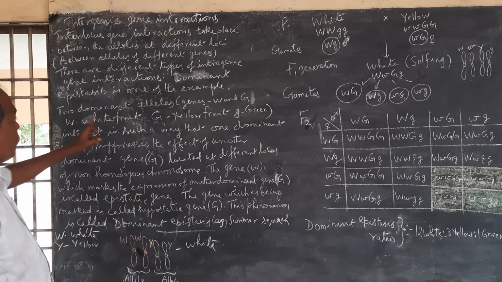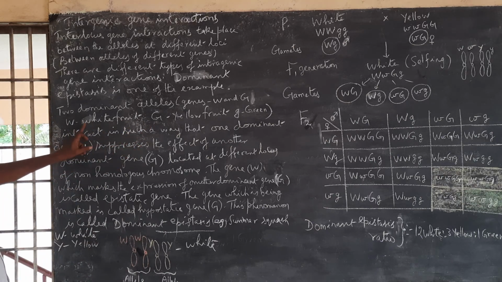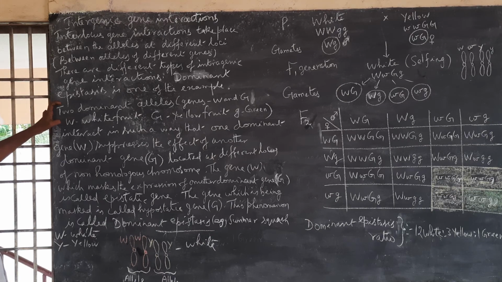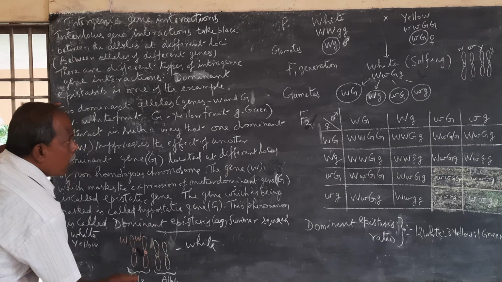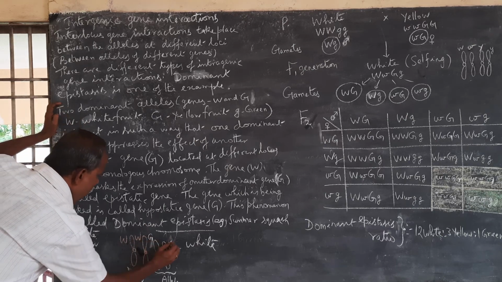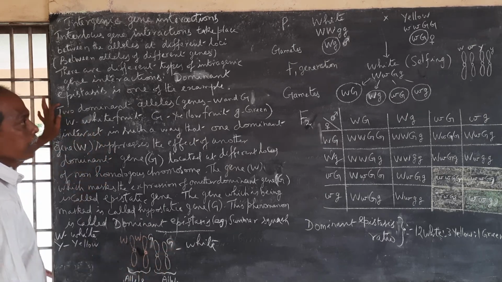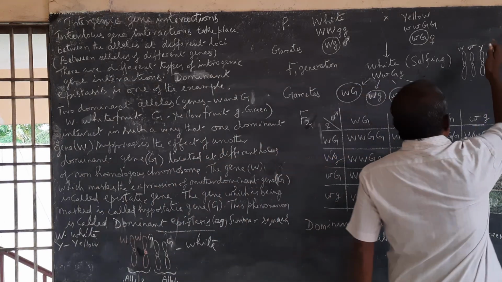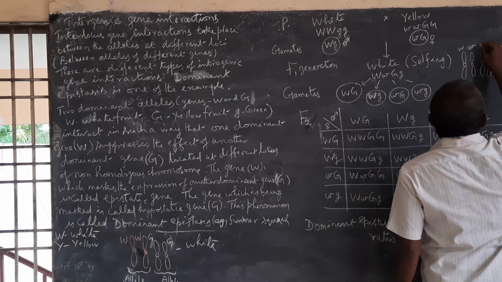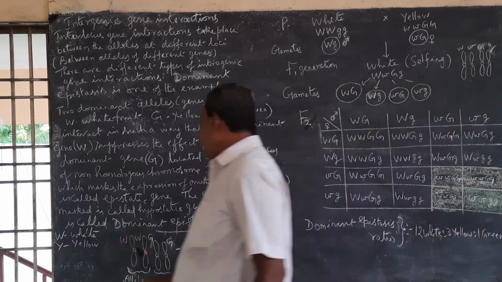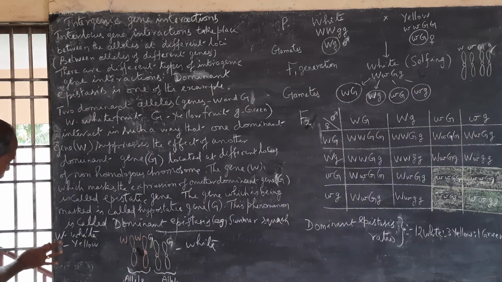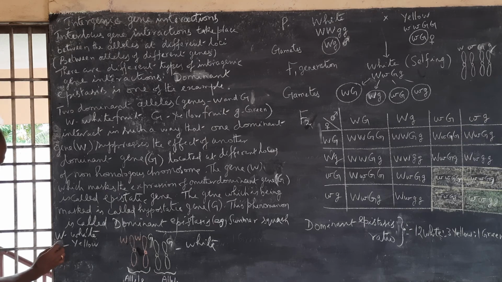So there are two dominant genes, W and G. W controls white color, capital G controls yellow color.